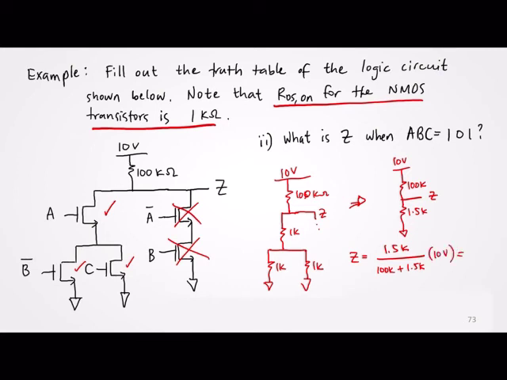Okay, and that will give us, let me just use my calculator, 1.5 over 101.5. So what we'll get is 0.148 volts. Okay, so that is logic 0, as we said.